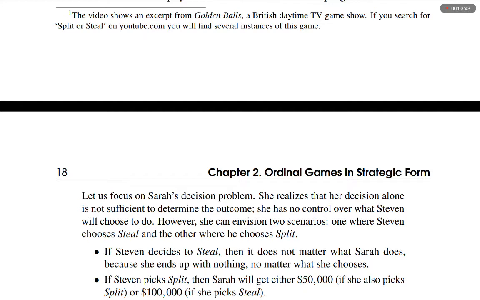If Stephen decides to steal, then it does not matter what Sarah does, because she ends up with nothing no matter what she chooses. If Stephen picks split, then Sarah will get either $50,000 if she also picks split, or $100,000 if she picks steal.